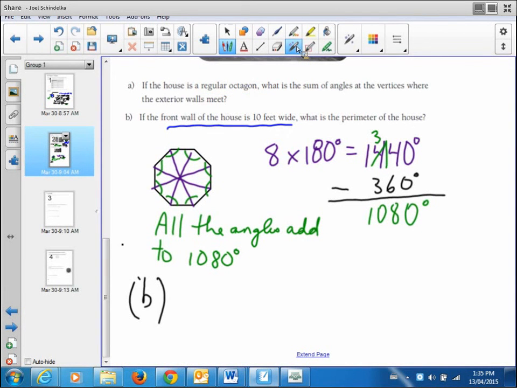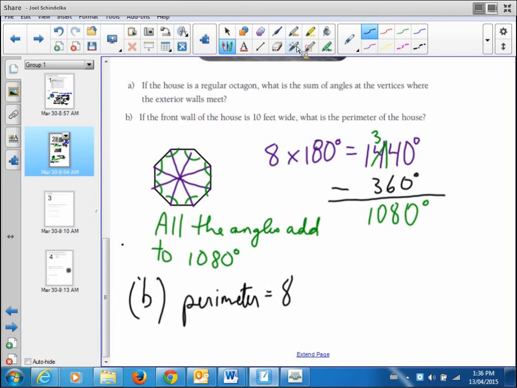You've got 8 sides times 10 feet. Yeah, exactly. Eight sides times the 10 feet. It's 80 feet around.